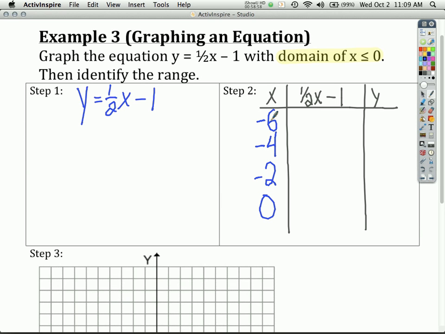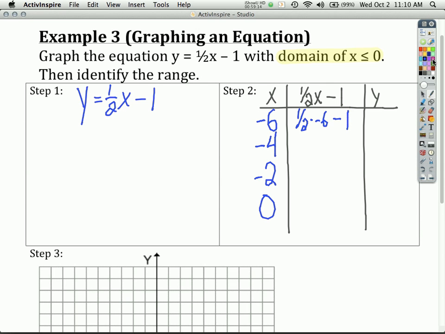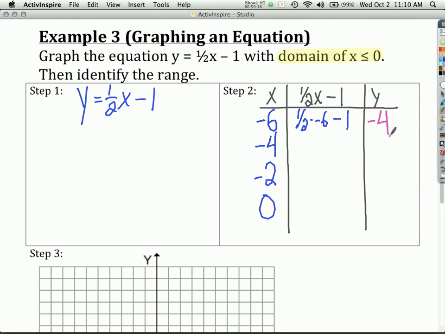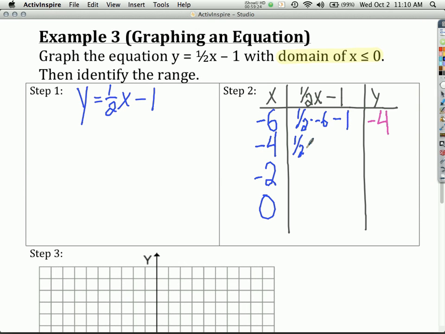Now we're going to plug and chug it out. So we got 1/2 times -6 minus 1. Got to be careful. What does that come out to? Catalina? -4. Comes out to -4. What about when we have -4 as the input? 1/2 times -4 minus 1.